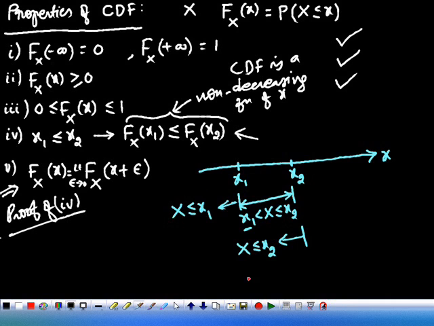So obviously, we can write x1 less than x less than or equal to x2 is the event in which the random variable x is lying in between x1 and x2.